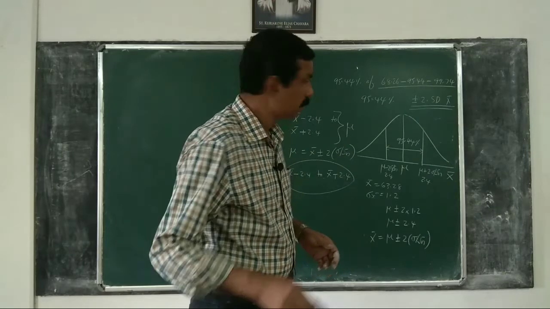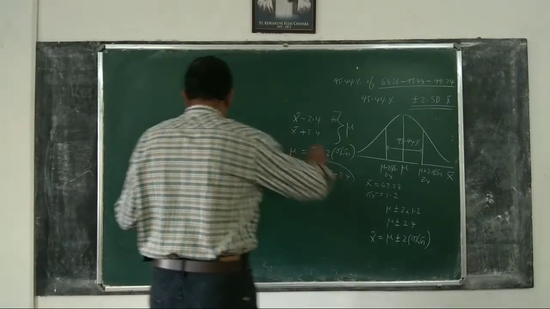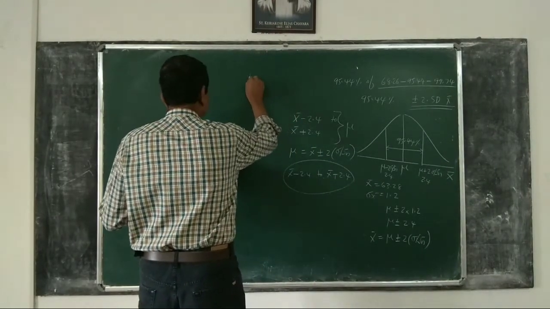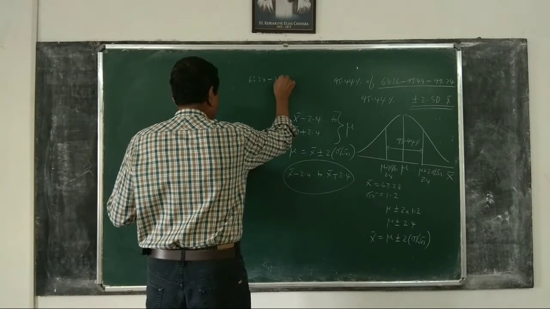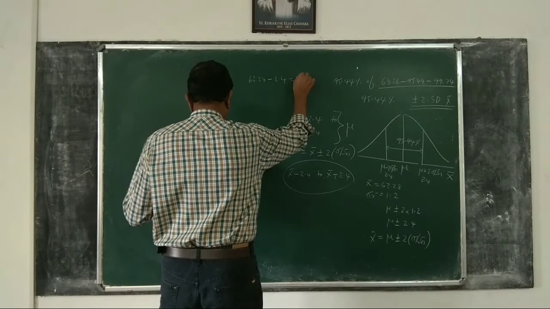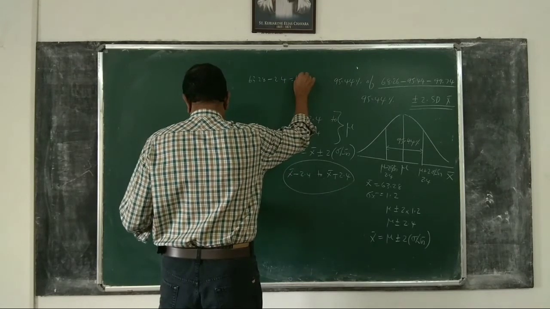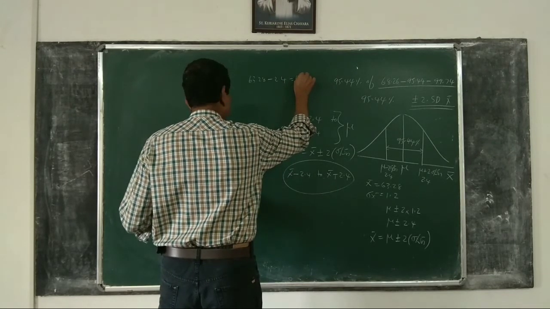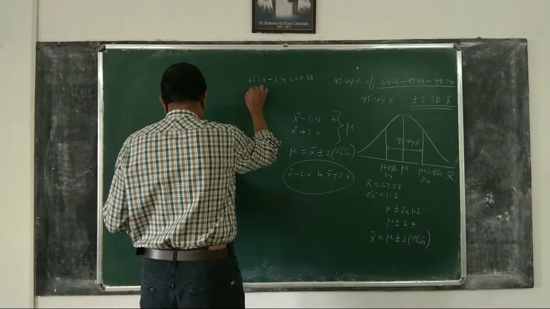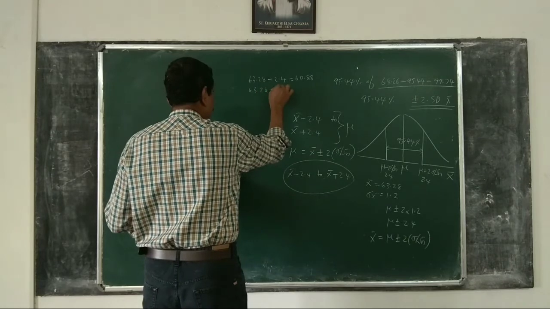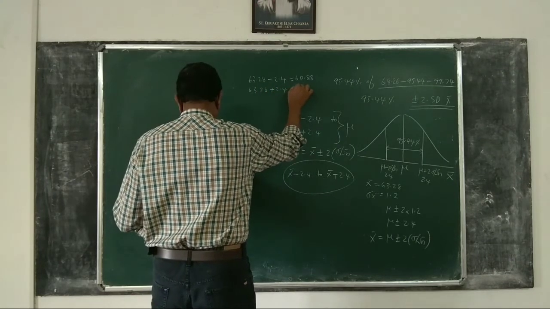And this is written as 63.28 minus 2.4 is equal to 60.88 and 63.28 plus 2.4 is equal to 65.68.